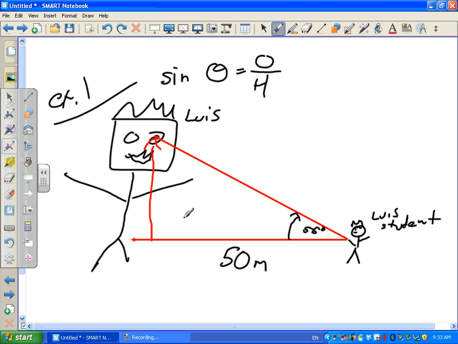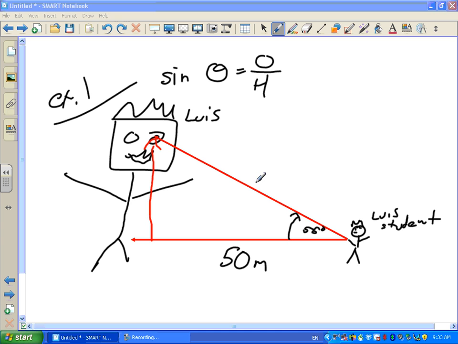So first thing I have to do is set up this triangle. I've created a triangle. I need to find out from his waist to his eye what that distance is. So I know that he is 50 meters away, and I know the angle of elevation is 55 degrees. First of all, where's my hypotenuse? Opposite of that corner.